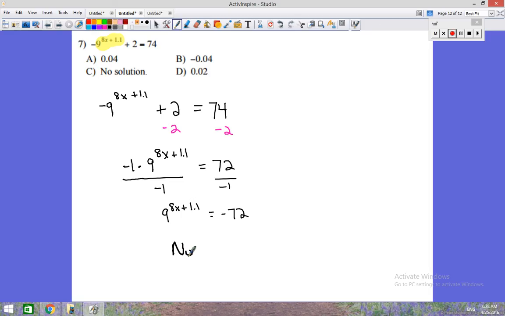If we didn't recognize that, and we continued to solve for this by taking the log of each side, eventually you're going to be taking, when you key it in your calculator, the log of a negative number. And your calculator is going to recognize that you can't take the log of 0, you can't take the log of a negative number, and it's going to give you a domain error.